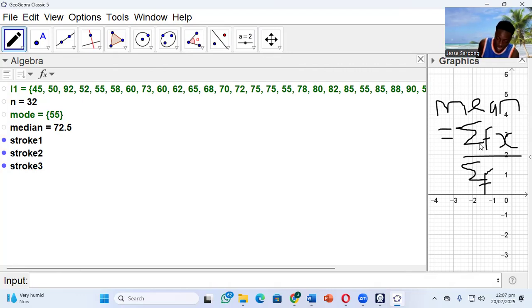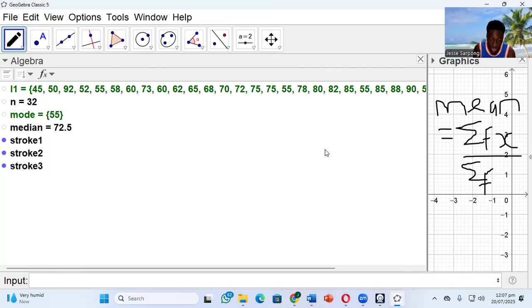So now here we don't have a frequency distribution table. We just have the raw data. I want to find the mean. Okay, you have the raw data. I want to find the mean. So it's the same thing. This sigma fx is just the total when you multiply the frequency by its corresponding x value, and sigma f is the total of the frequency.